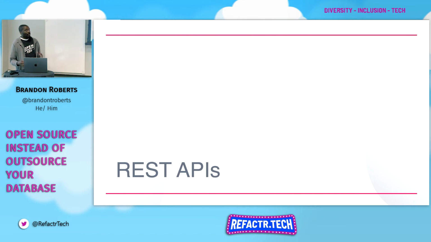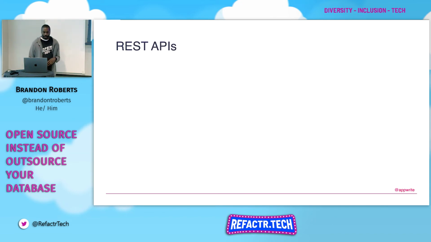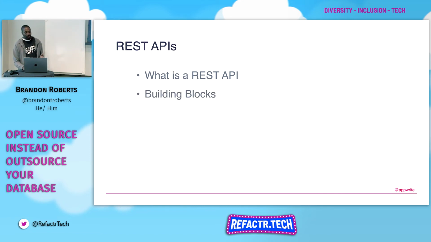So one way we frame this is around the database. One way to build around your database is with a REST API. I'll cover what a REST API is, the building blocks for REST APIs, and some features you'd want if you were building your own REST API, because there are still scenarios where you might do this.